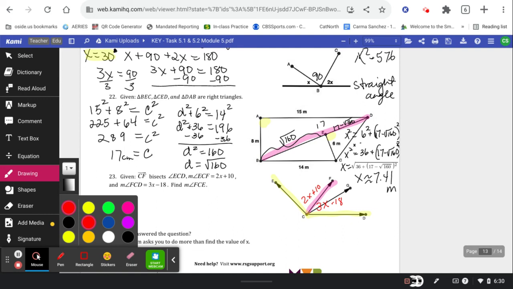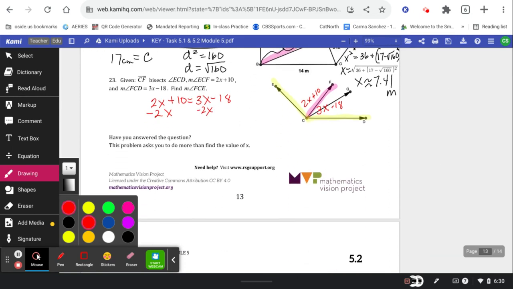Okay. So they want us to solve for x, and then they want us to plug it back in to get a value. So I'm minusing the two x's. I'm adding 18. x is equal to 28 degrees.